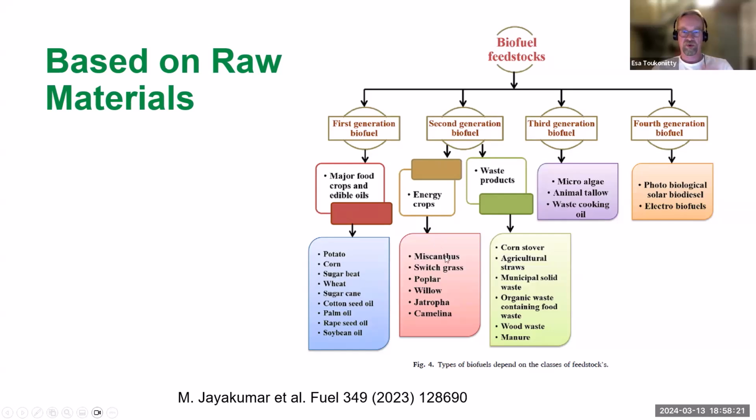Here the energy crops, these are plants that are not used for human or animal nutrition, but these usually grow very fast and efficiently and have composition that can be quite easily converted into fuels.